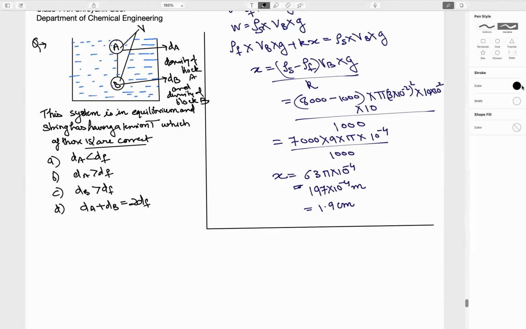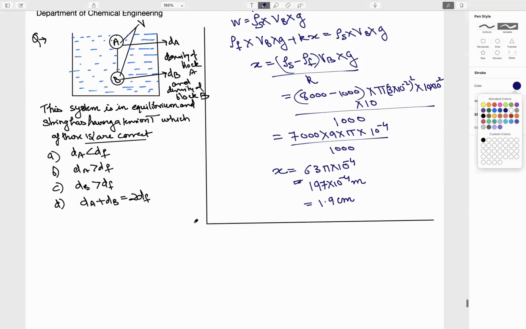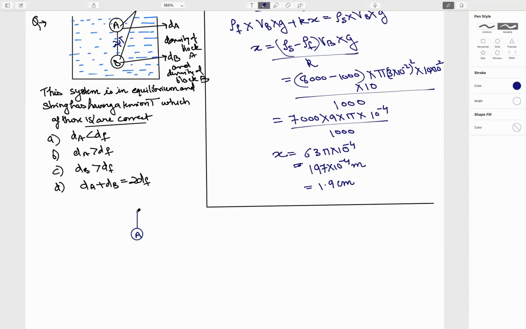Let's look at this question. Now I am going to solve it. As I told you, to solve any question, just make a free body diagram. There is a tension T, so make a free body diagram of it. Upthrust is acting in this direction. The tension T tries to pull this mass down, so T is in this direction, and the weight of this is also in the same direction, that is mg.